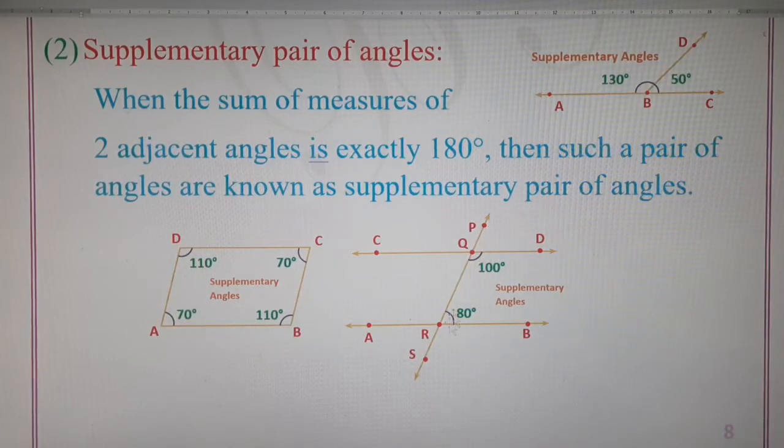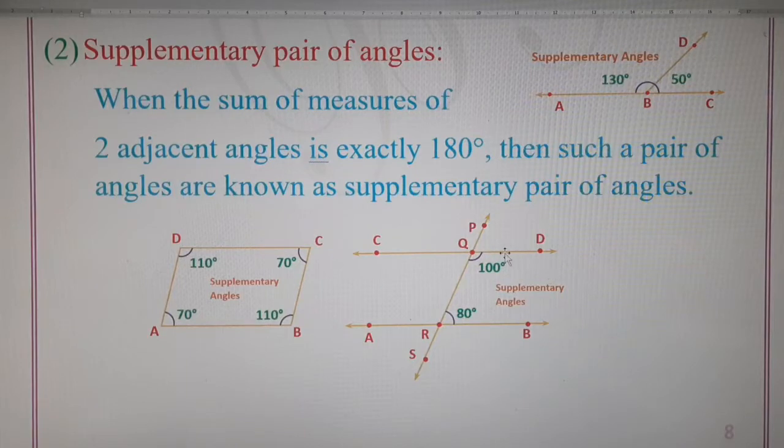Similarly, if we look at two parallel lines and its transversal, angle DQR is given 100 degree, and angle BRQ is given as 80 degree. Here also we have to understand, children, since these are two parallel lines and PS is the transversal, it forms a part of the parallelogram.